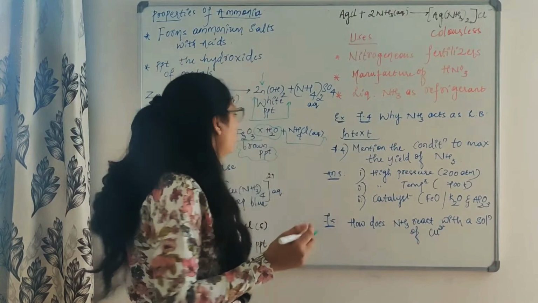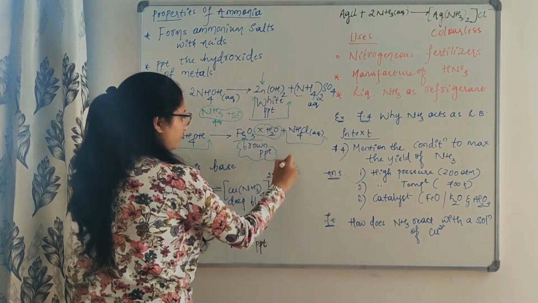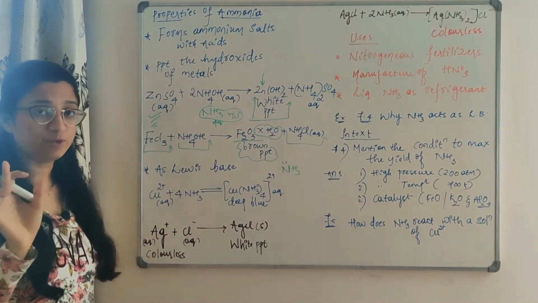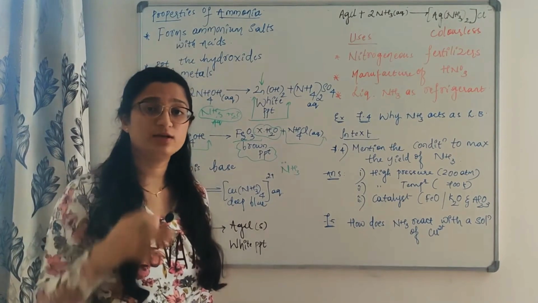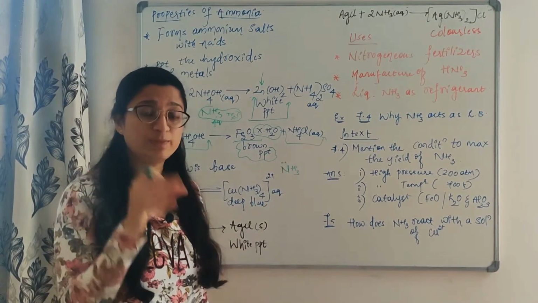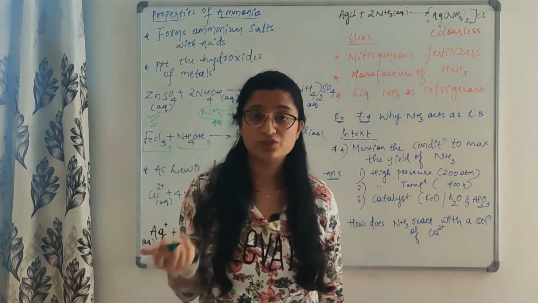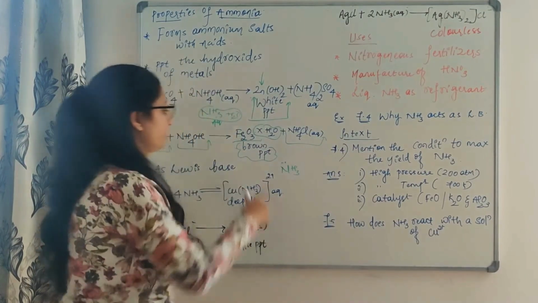Because of the presence of the lone pair of electrons, it is acting as a Lewis base. This is a very important property. This will help in identifying the metals, that is, which metal the unknown solution is containing. That will all be identified by this property.